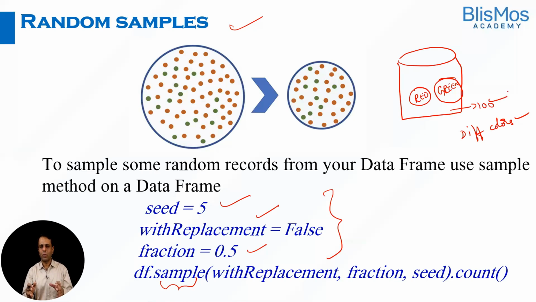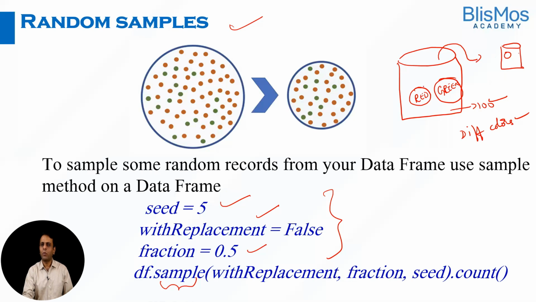In that case, you have two approaches. One option is that whatever ball you take, you keep it aside and do not put it back into the basket. You take a ball, put it here, and say this is the sample. That is where with replacement is false.